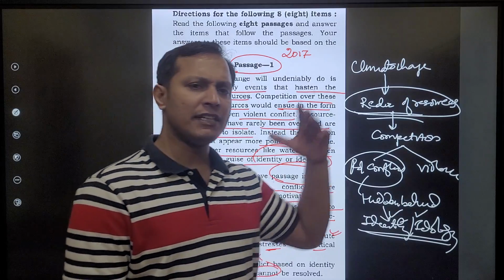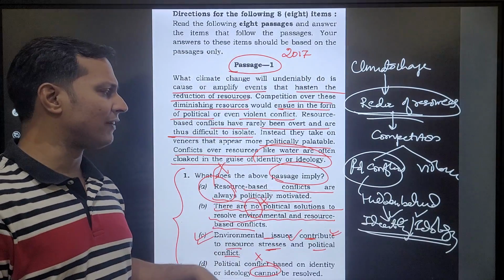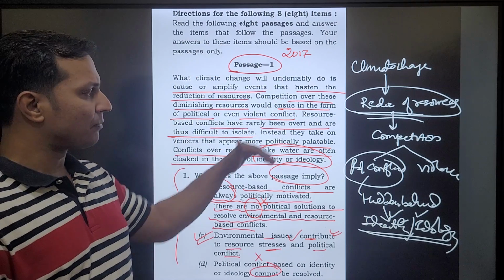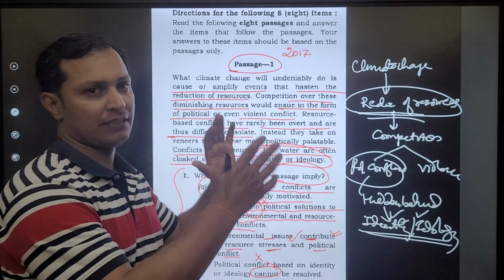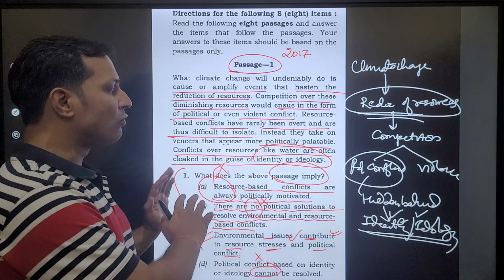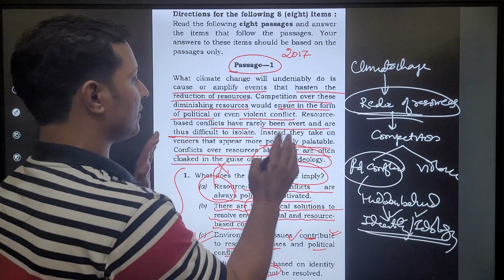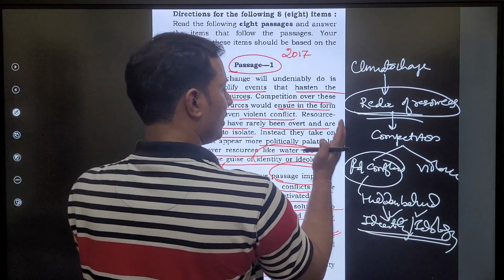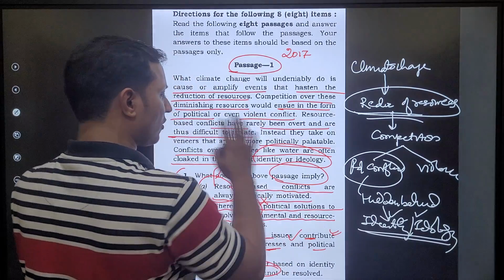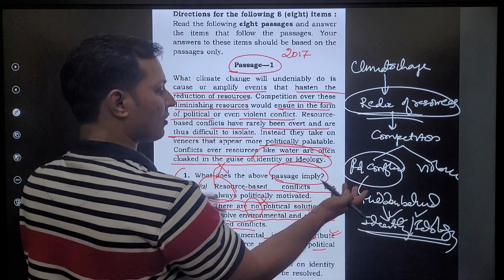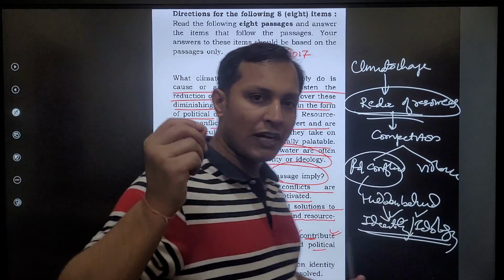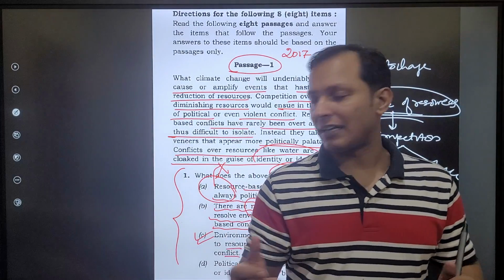And here, even if you read the passage, you can easily identify that since the passage is on conflict, it does not talk about how to solve that conflict. The essence of the passage is conflict, the nature of conflict, which is based on resources. It is not on the solution. Therefore, the answer will be option C. So this is the golden rule 1, that extreme statements are incorrect.